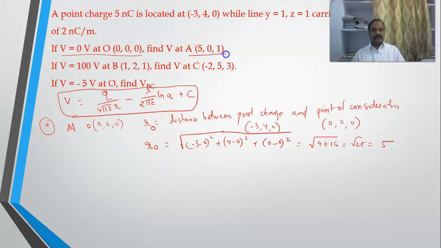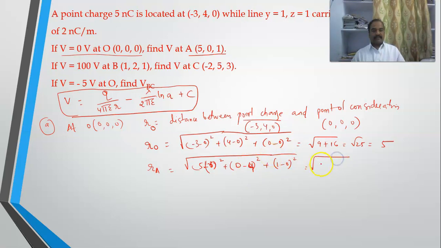Similarly, because we need to determine at A also, I'll write it as rA. What is the value of rA? A is at (5, 0, 1). So it is (5 minus of minus 3), this is the point charge location, and (0 minus 4), and (1 minus 0) whole square.